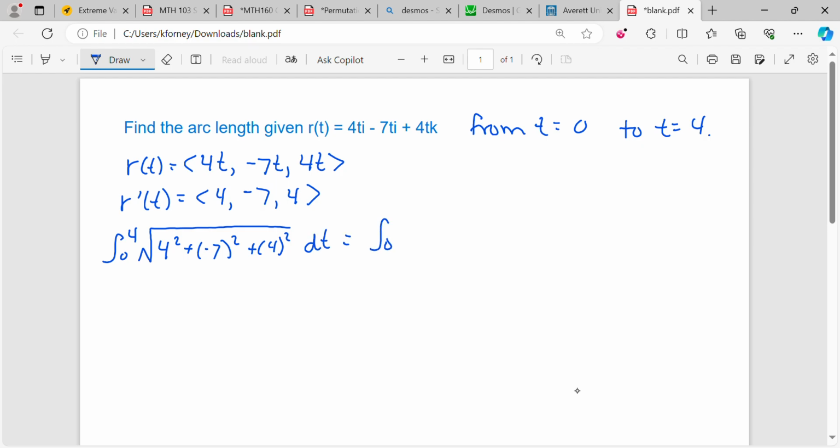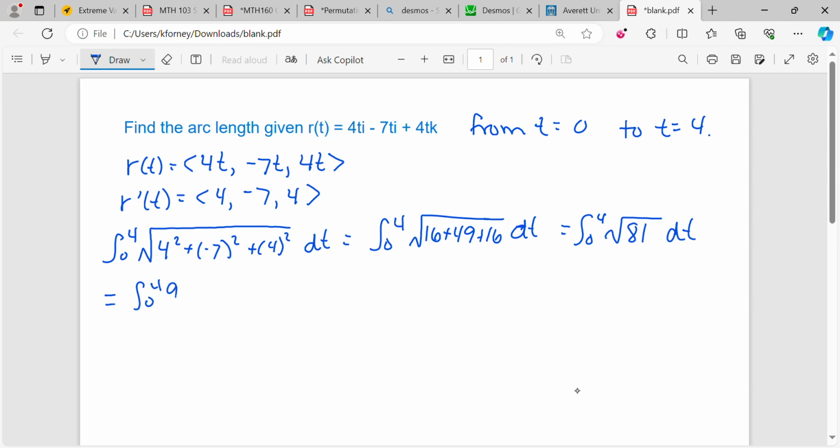So that is from 0 to 4, the square root of 16 plus 49 plus 16 dt, because we haven't integrated. So now from 0 to 4, 49 plus 16 plus 16 we find is the square root of 81. So that actually worked out beautifully.